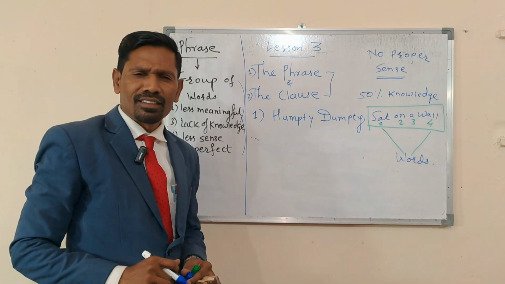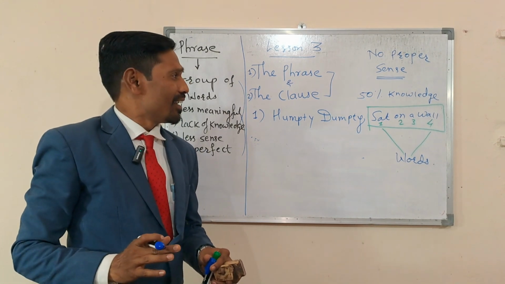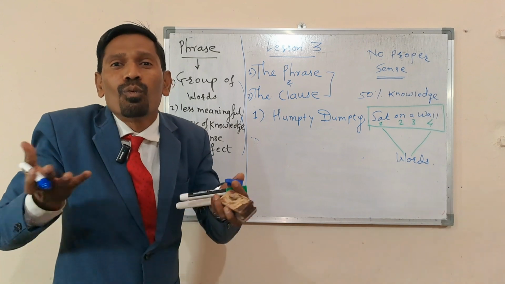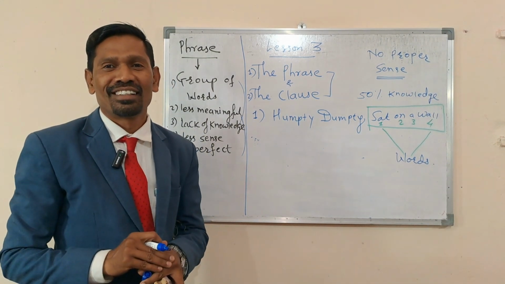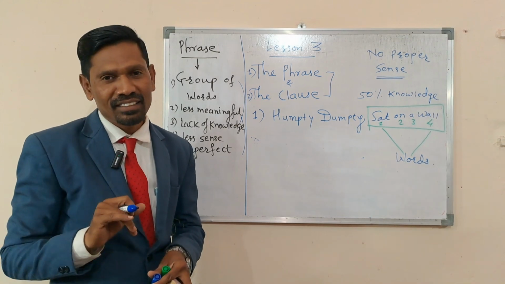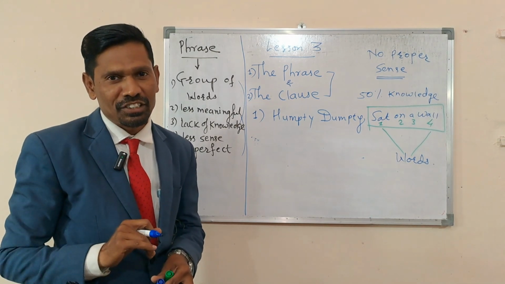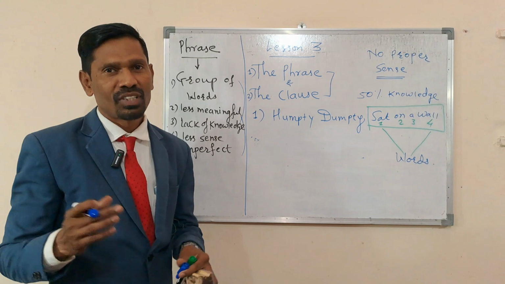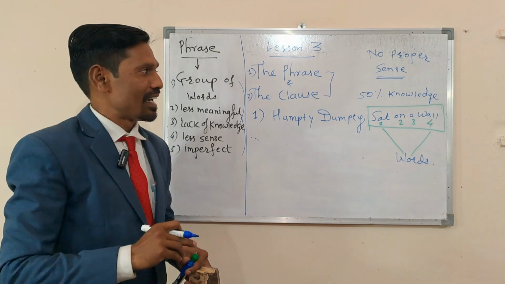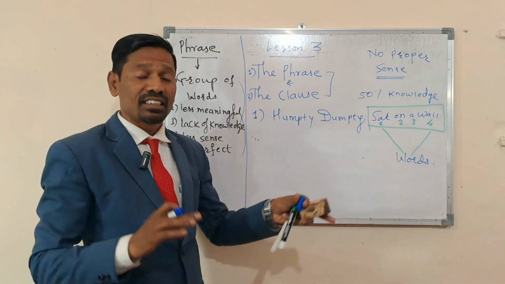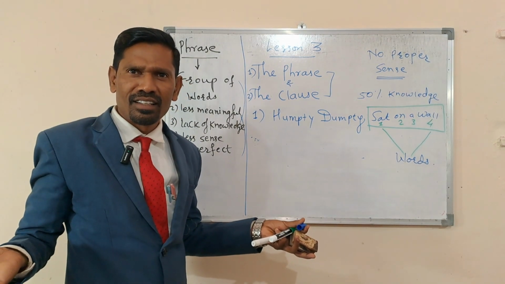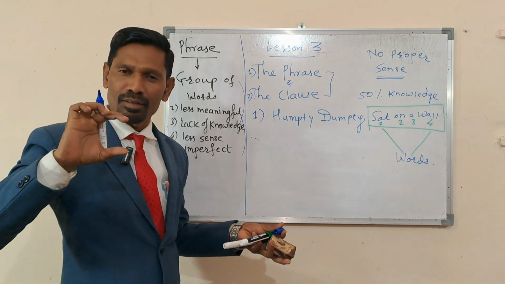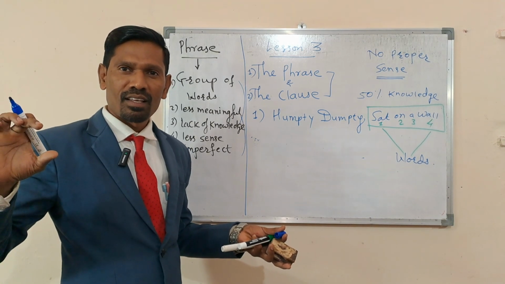If we think about sat on a wall, what sat on a wall? Who sat on a wall? Do you get meaning, more knowledge, more information? No. You got only that part which has no meaning, and that is meaningless.